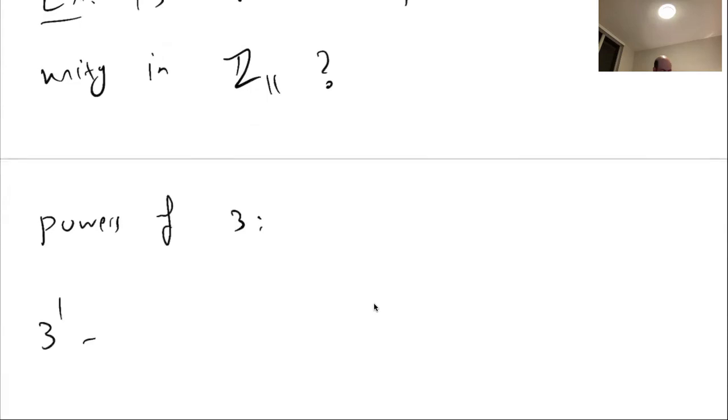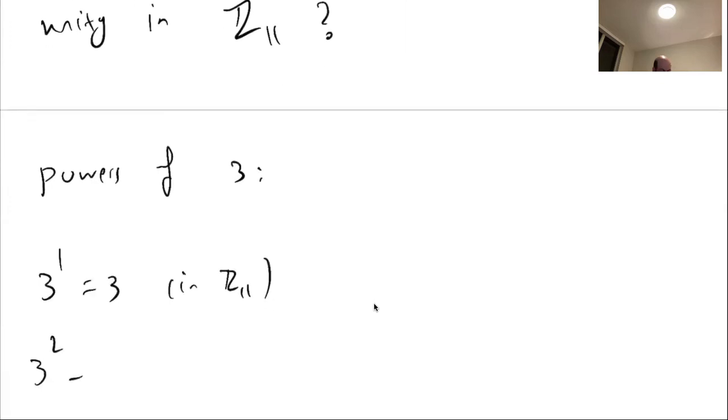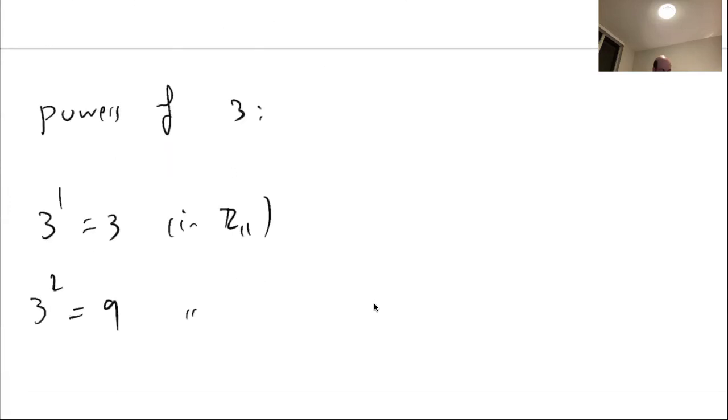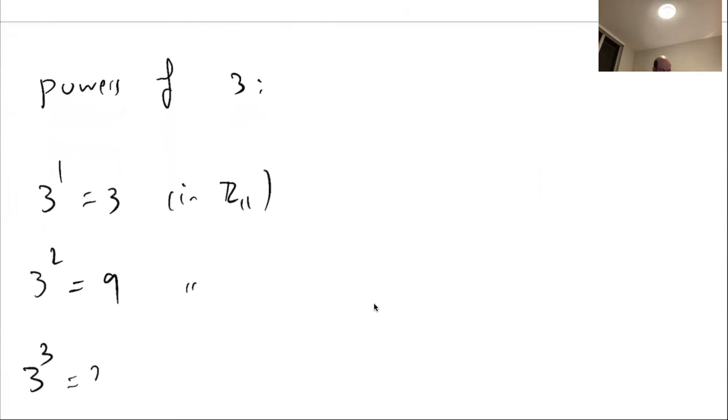So 3 to power 1 is 3 in Z11. 3 to power 2 is 9 again in Z11. 3 to power 3 is 27, which is the same as 5 in Z11, right? Because 27 minus 5 is 22, which is divisible by 11.